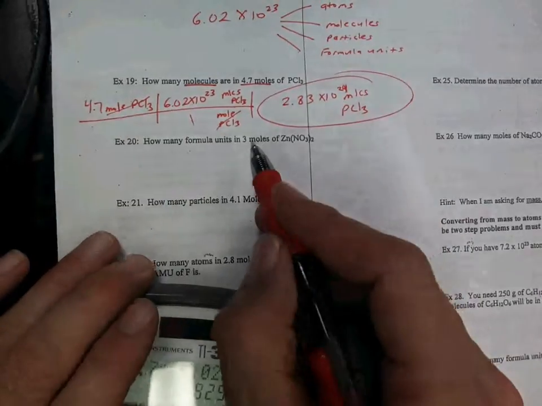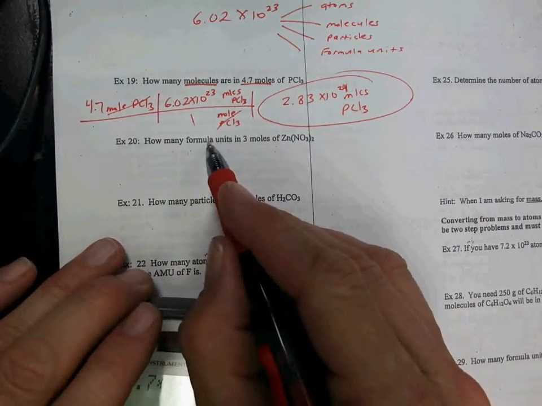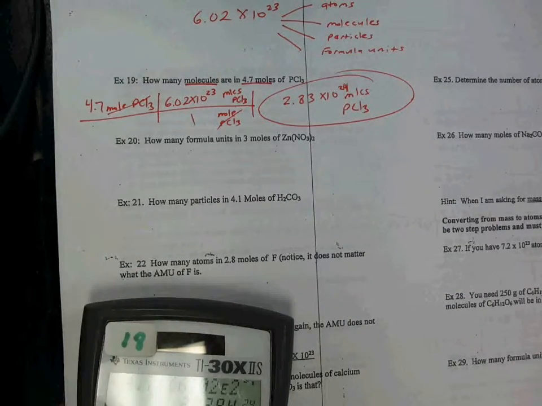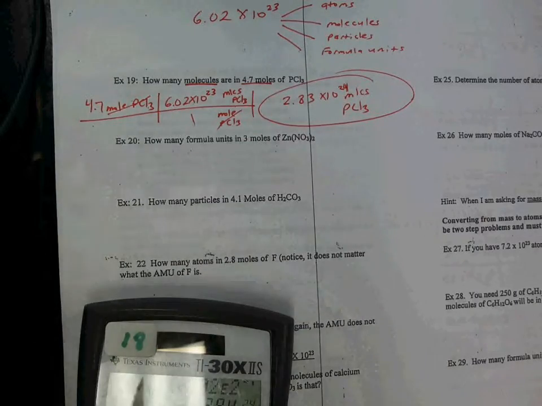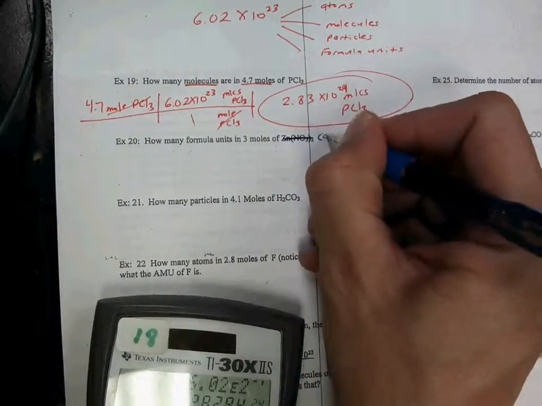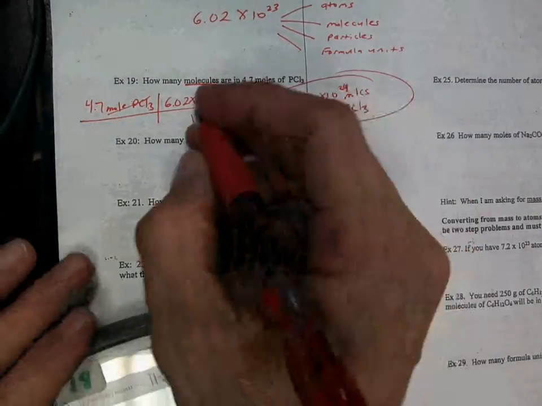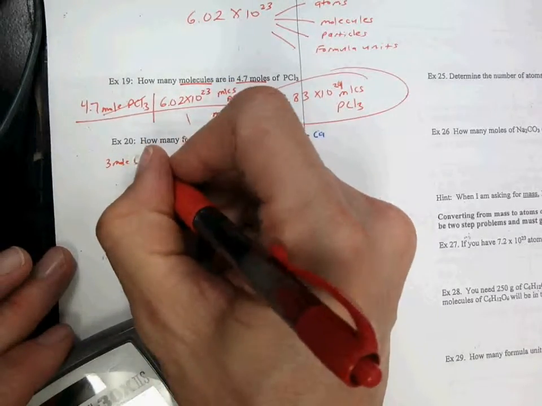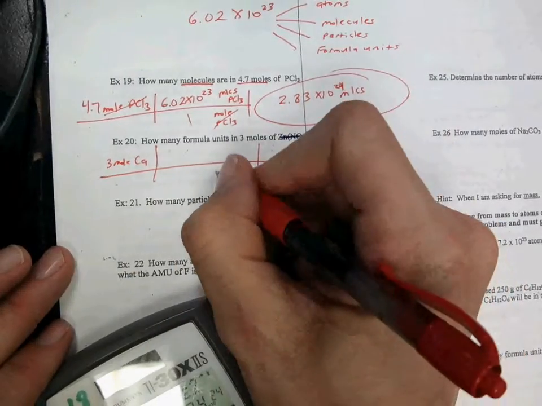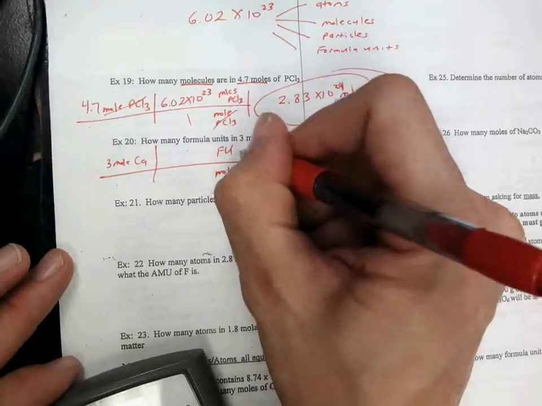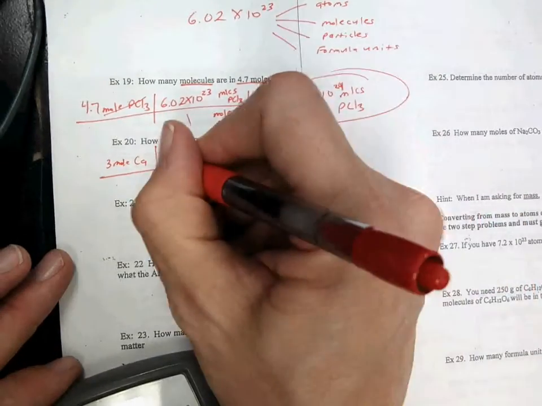Let's try this one. This one says, how many formula units are in 3 moles of this? Now I'm not going to leave that. We're going to change that to, let's make it easier. Let's see, number 19. Let's change that to just Ca. That'll be way easier. Okay, so I'll start with 3 moles of Ca, and I'm going to do formula units of Ca. 1 mole there.